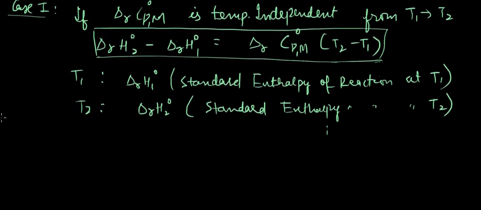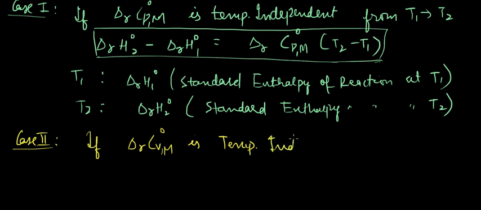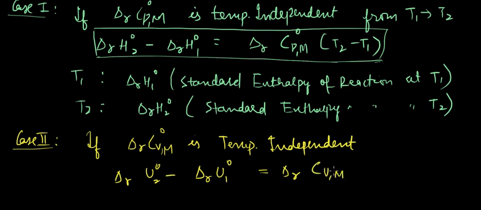Okay, now let's see case 2. Similarly, if delta R CVM naught is temperature independent from T1 to T2 again, we can write delta RU2 naught minus delta RU1 naught would be equal to delta R CVM naught times (T2 minus T1).